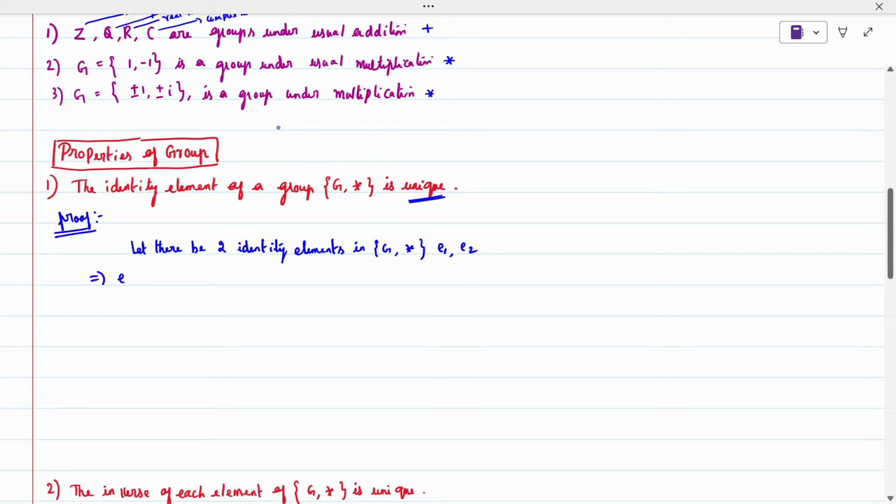We know that E1 is an identity element, and E2 also belongs to G. If it is like that, we can write E1 star E2 equals E2 star E1, which is nothing but E2.